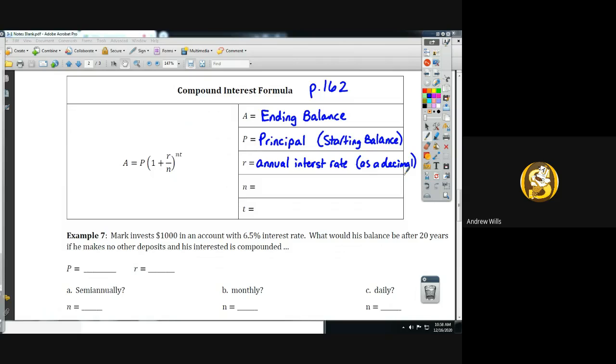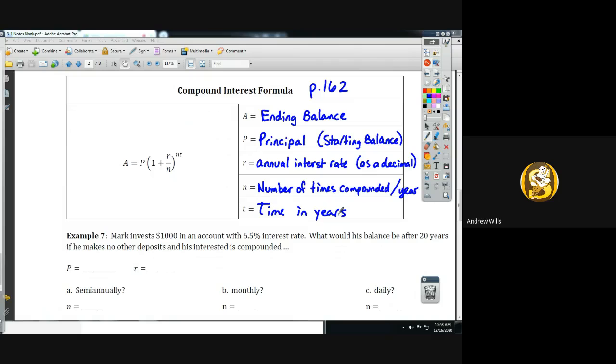N is the number of times per year compounded, and that will be a word. And then T is time in years.